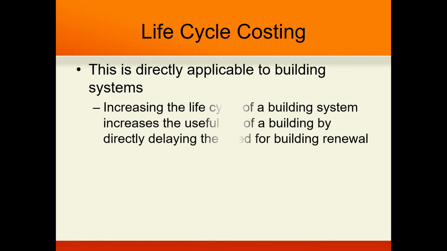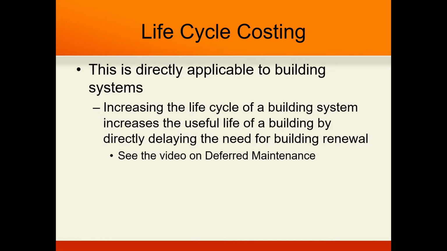So this is directly applicable to building systems. When we increase the life cycle of a building system, it increases the useful life of that building directly by delaying the need for building renewal. In fact, by choosing a longer system, you may actually reduce a cycle out during that life.